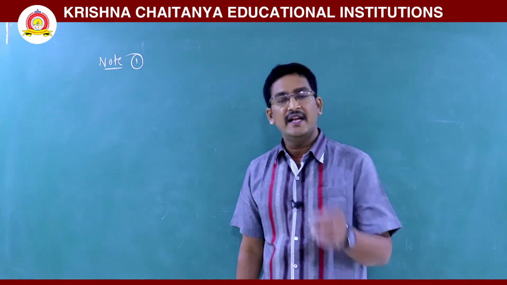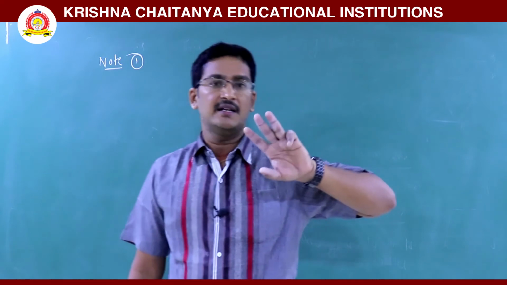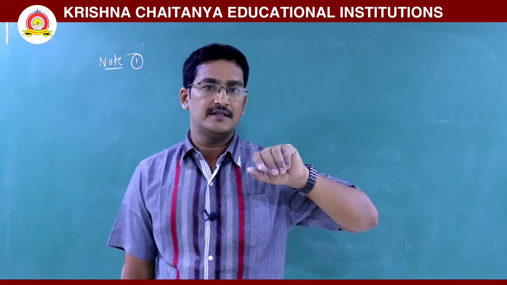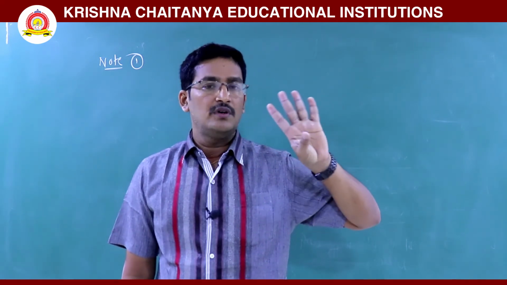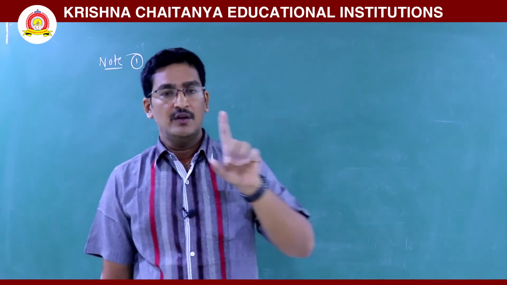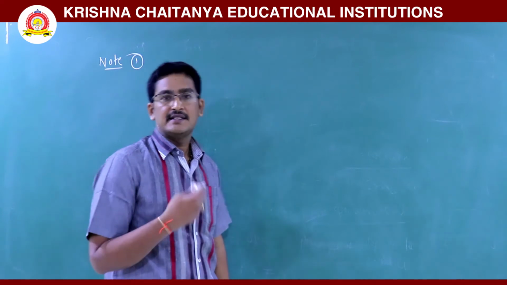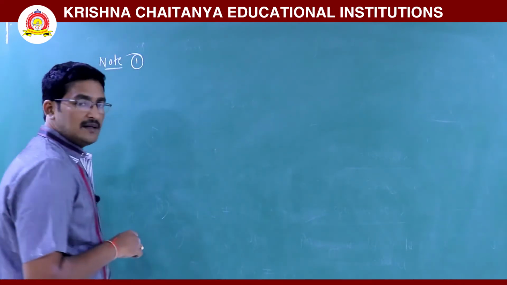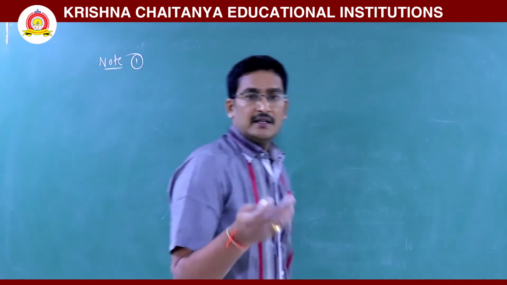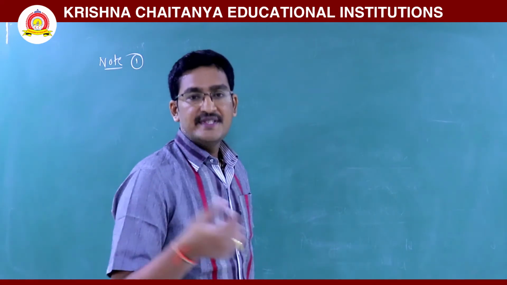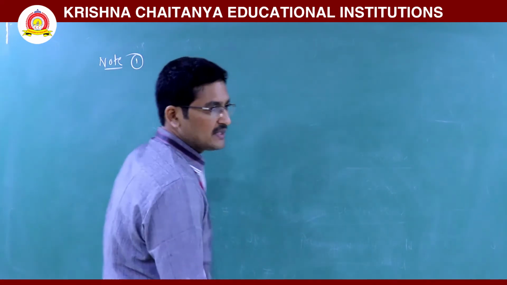That means any quadrilateral which is a parallelogram, rhombus, square, rectangle. All these four quadrilaterals have one common property: the diagonals bisect each other. That means the midpoint of the two diagonals should be the same. You have to remember that one, please.